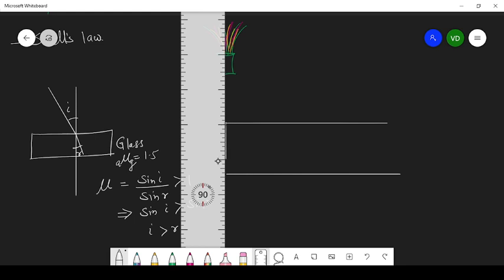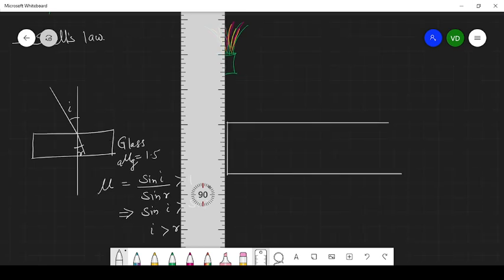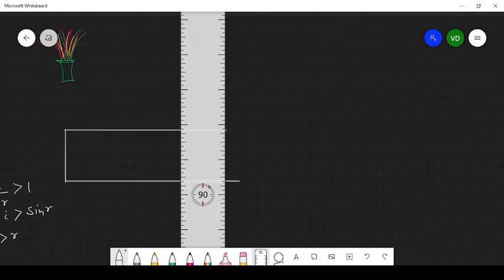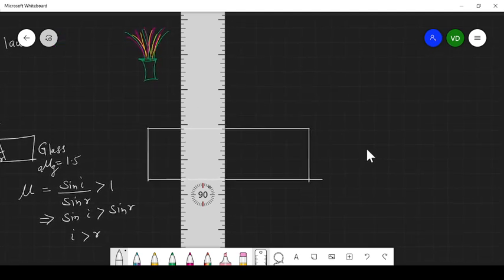Like this is a glass plate, and we have the light inside this glass plate. Again, we will draw the normal here. So let us consider this is a normal.